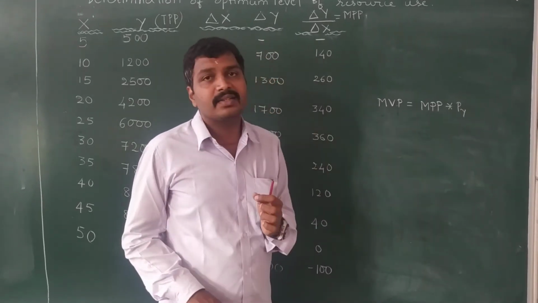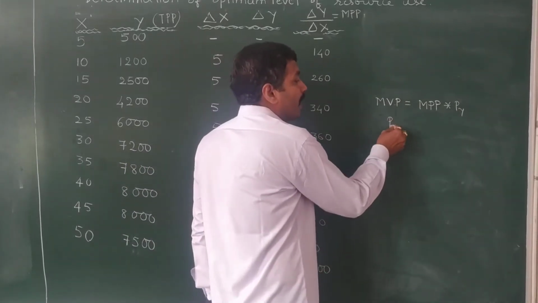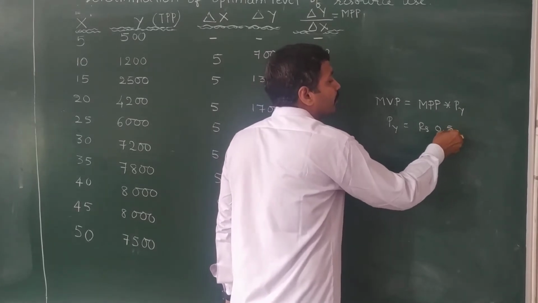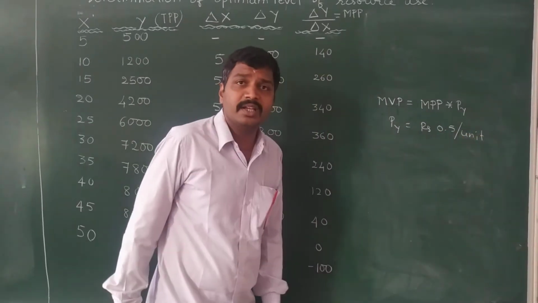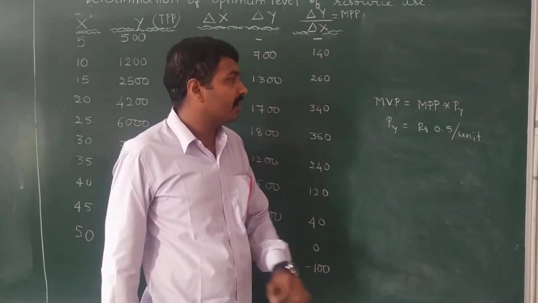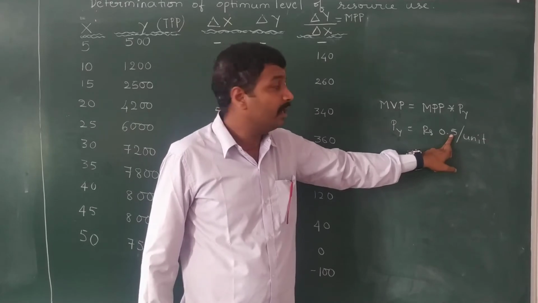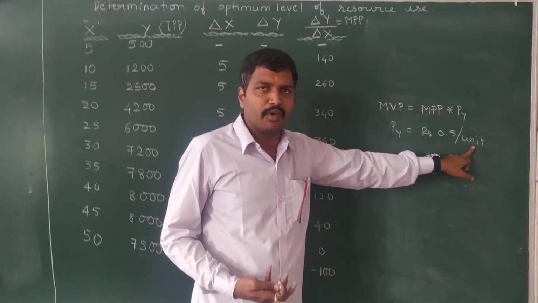Let us consider in the present example the price of output as rupees 0.5 per unit. It may be kg, it may be ton, it may be anything for that matter.